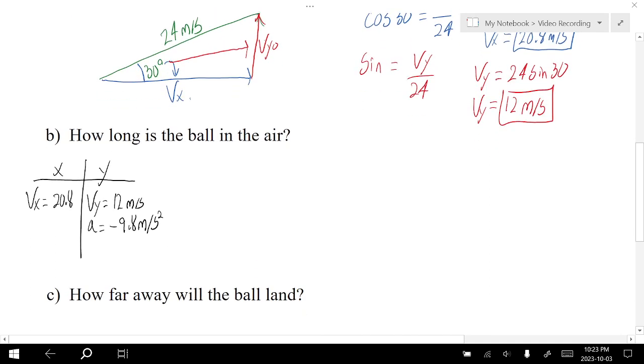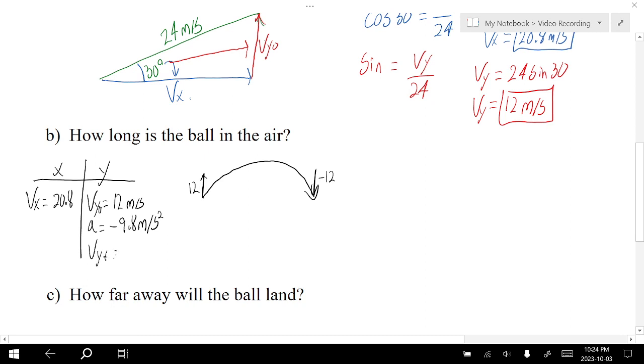And we know for a problem when the ball comes back down to the same height, if the vertical velocity component here is 12, then on the other side at the same height, the vertical y velocity will be negative 12. So I should say Vy initial there for the initial velocity.